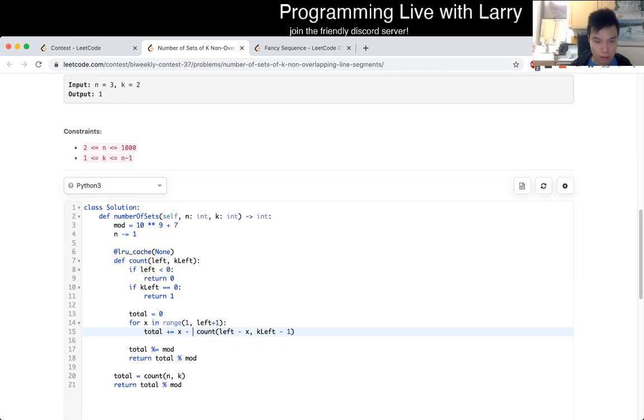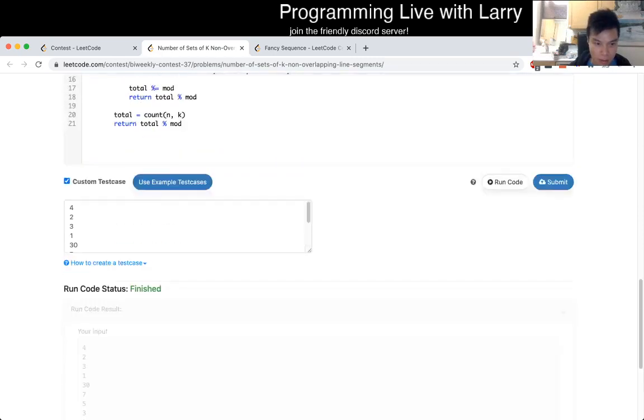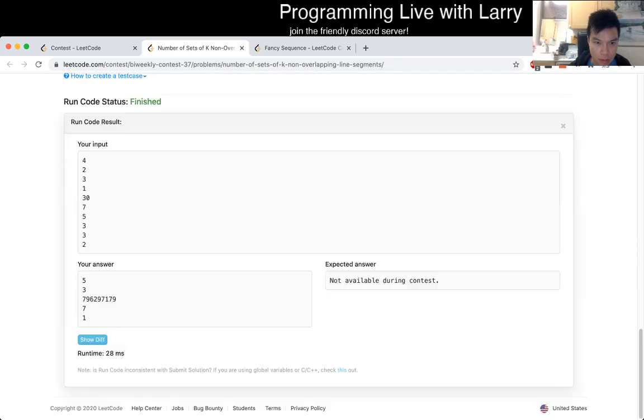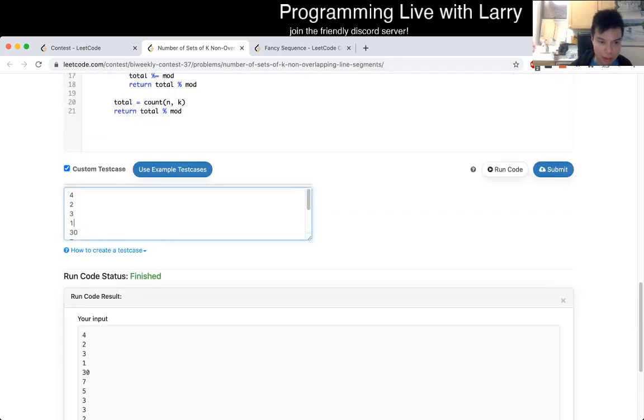Minus. So of length 1. Wait, is it fast enough?